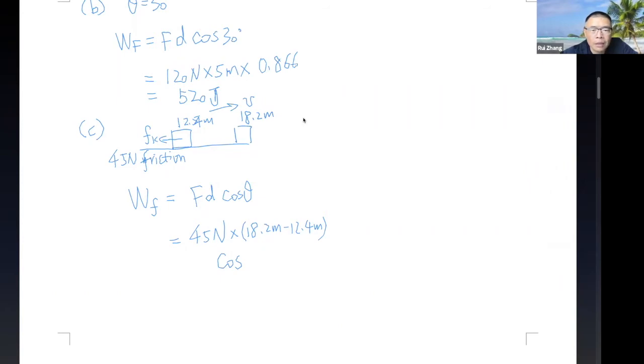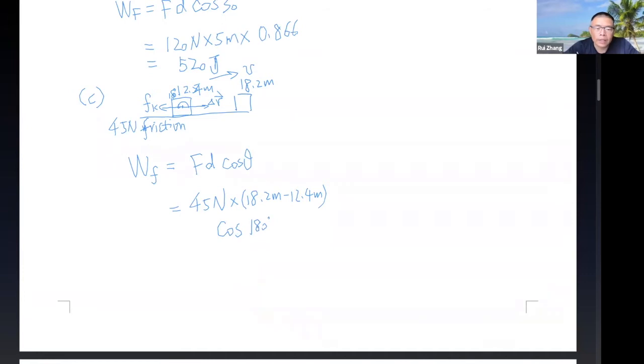Send me a message, guys. Okay, yes, 180. That's correct. Because one of them is going in one direction, the other one in the totally opposite direction. This is the direction of motion, this is the direction of the force, so the angle is 180. So you need to plug in cosine 180 for the work done by friction, and cosine 180 is exactly -1, so it gives you a minus sign.